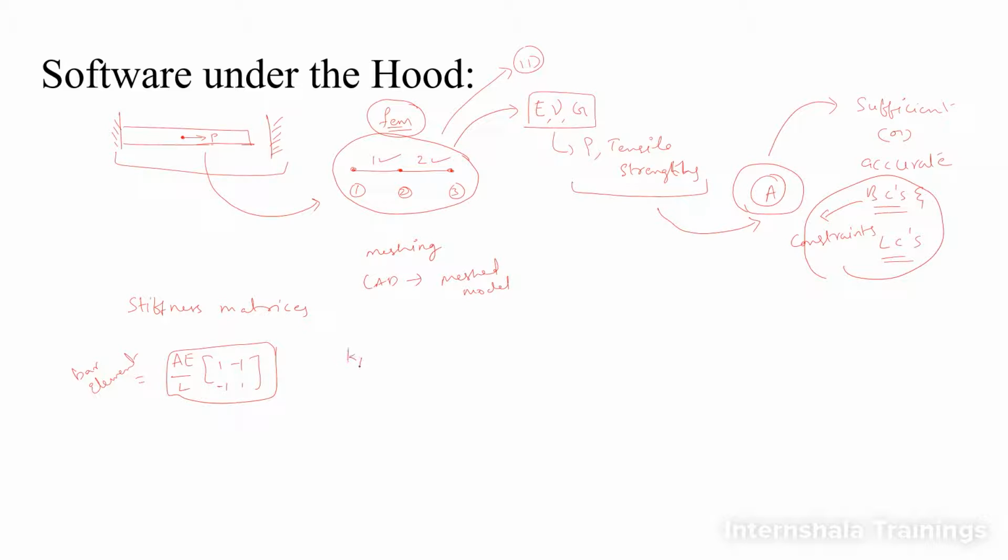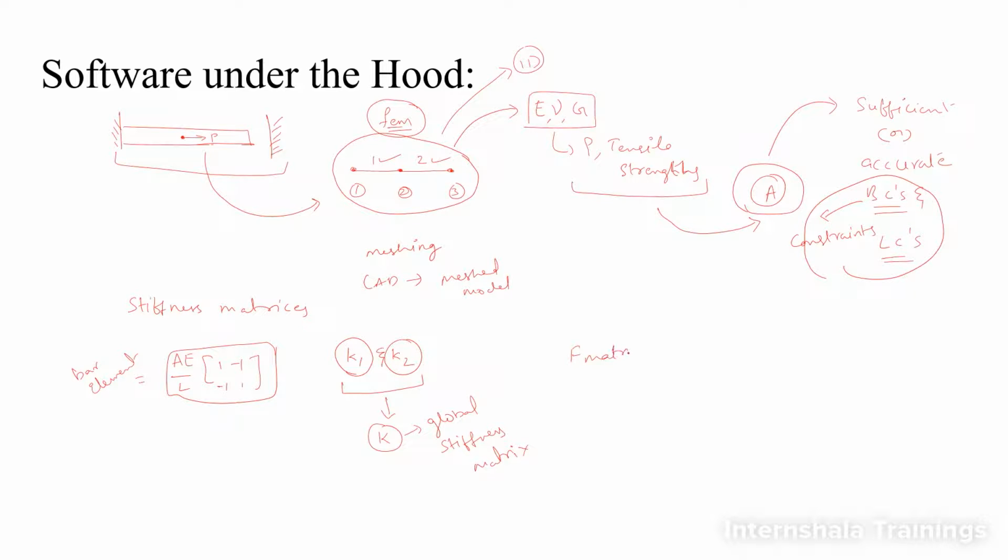So K1 and K2. Once it creates the individual stiffness matrices, it will combine both matrices and create what is known as a single K matrix, which is nothing but the global stiffness matrix. Once it creates the global stiffness matrix, the software will create what is known as a force matrix.